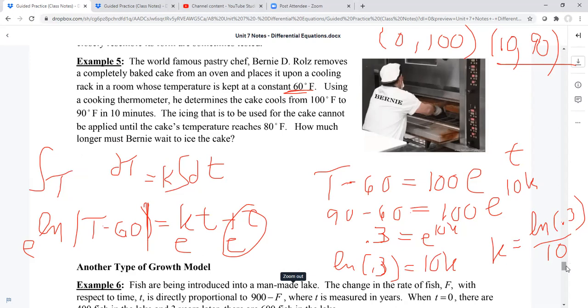So I'm going to erase this k right there. I'm going to move that T over, if I can get it to erase. Okay, so then I'm going to stick that natural log of 0.3 over 10. And I got my T over here for the time.